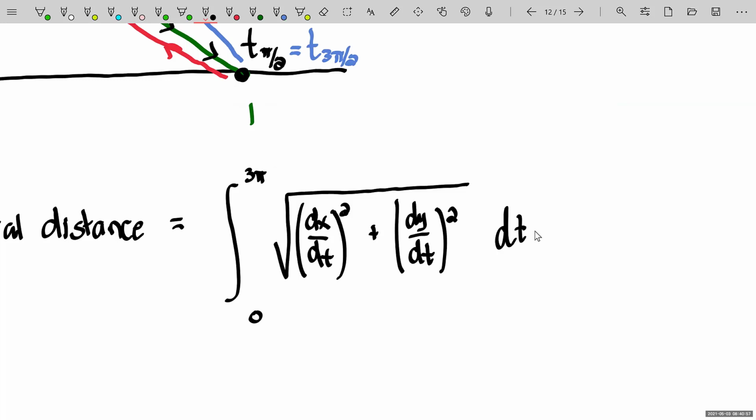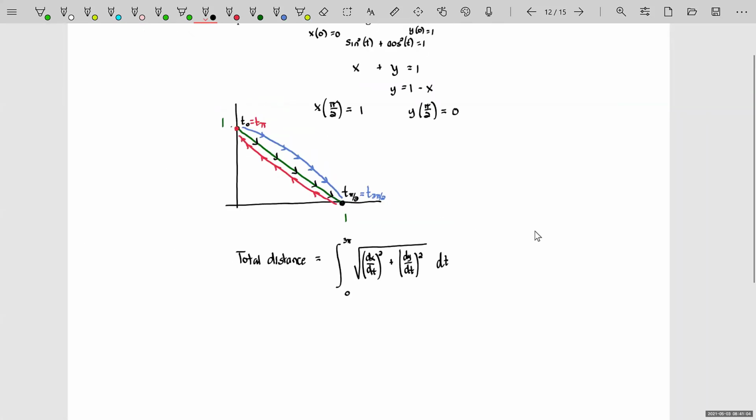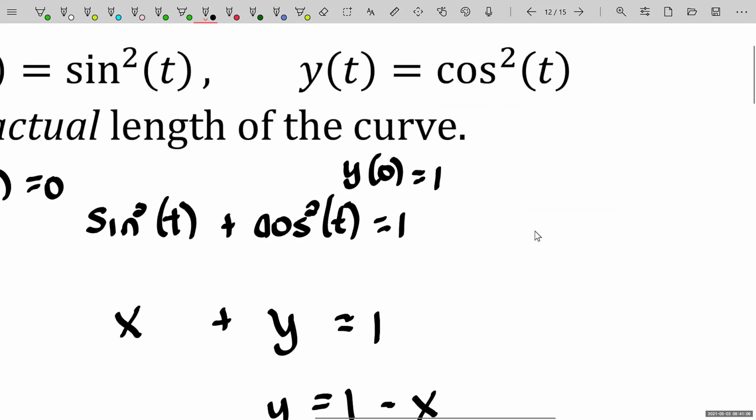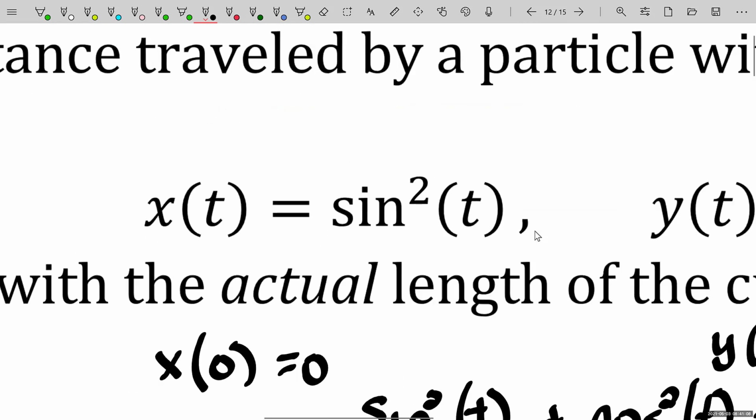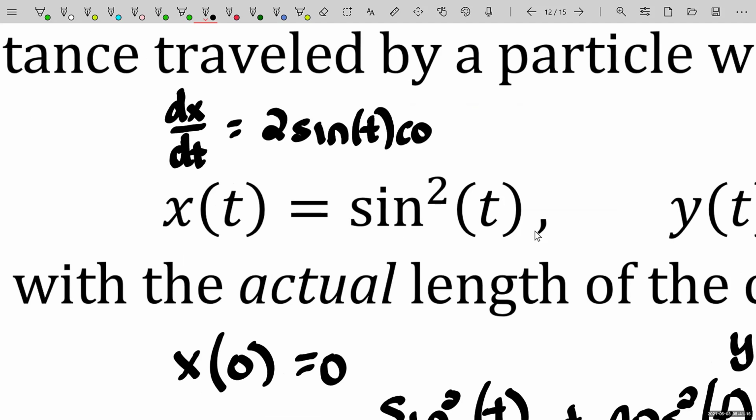Now, I'm not actually going to integrate that because we're going to use a little trick here, but dx dt, let's go ahead and find out what that is. I'll write it up above here. So dx dt is going to be 2 sine cosine. I know what you're thinking. That's the sine of the double angle, but I wouldn't do that here.